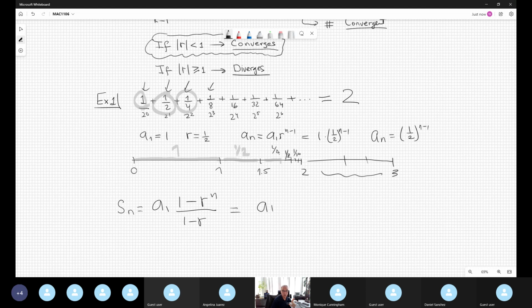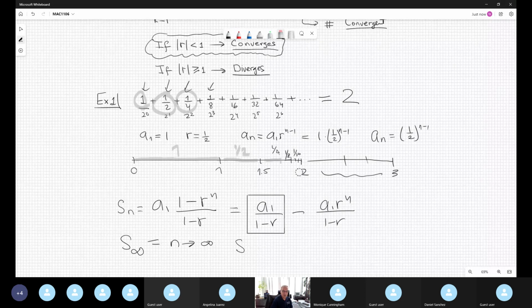The first is A1 over 1 minus R. And you split this common denominator, minus A1 R to the n divided by 1 minus R. Suppose I want to compute the summation of the infinity of elements, so you make n infinity. When n is infinity, that first part stays the same.